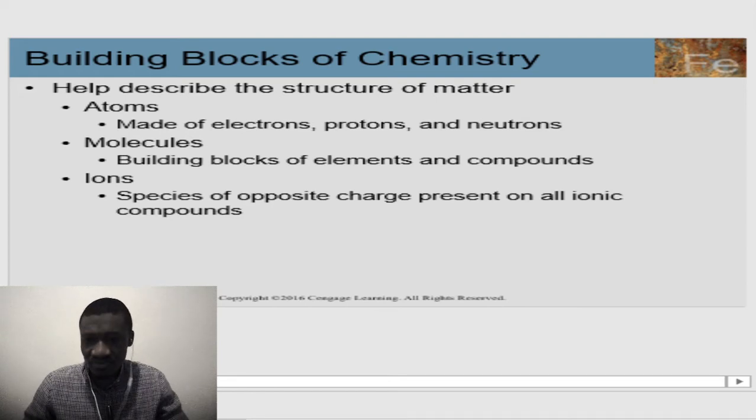So you have an atom. Atoms are made up of electrons, protons, and neutrons. Then you have molecules, which are the building blocks of elements and compounds. Then you have ions, the oppositely charged particles that are present in compounds. So an ionic compound can have a positive and a negative side to it.